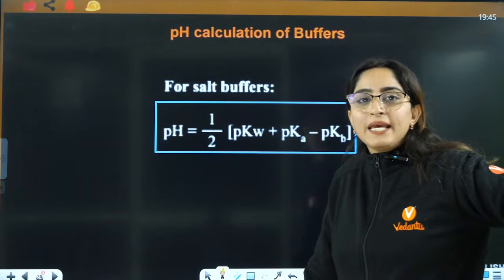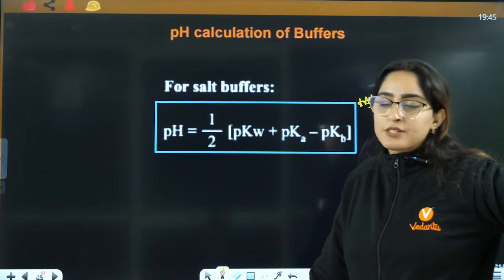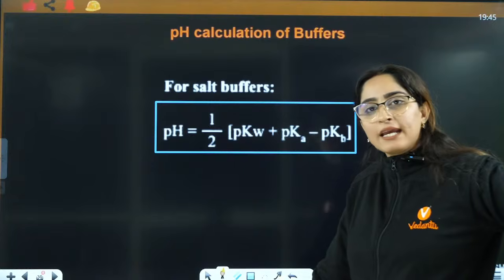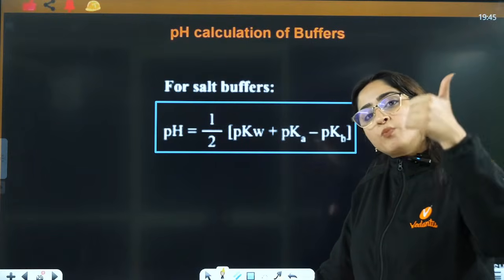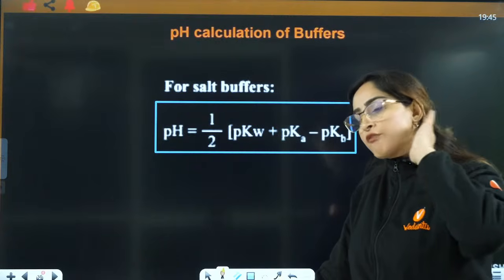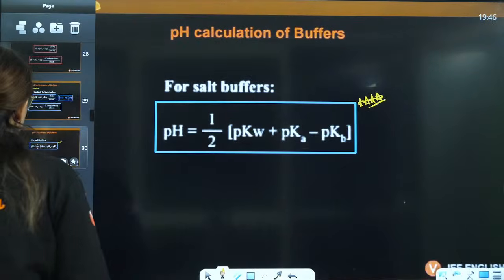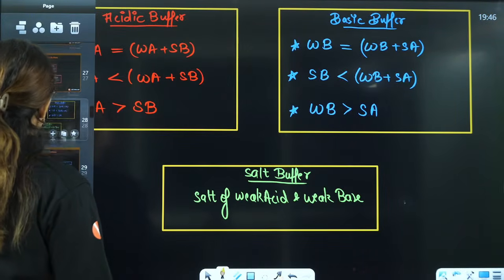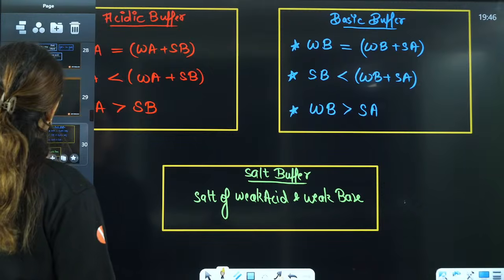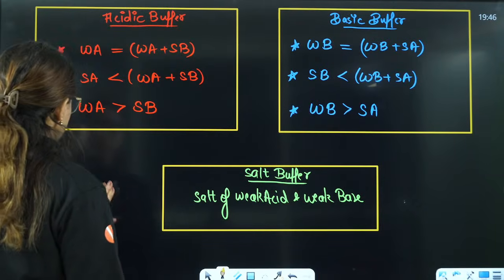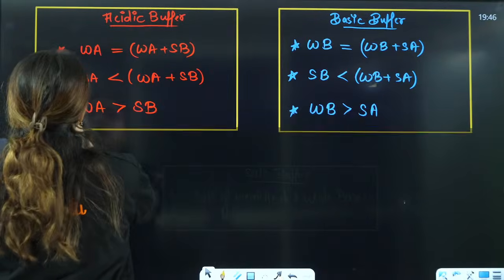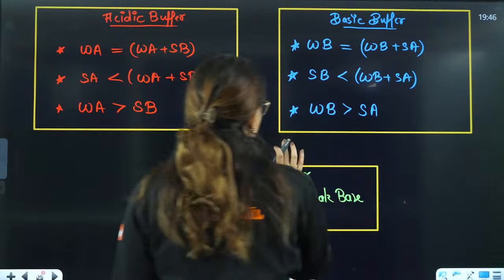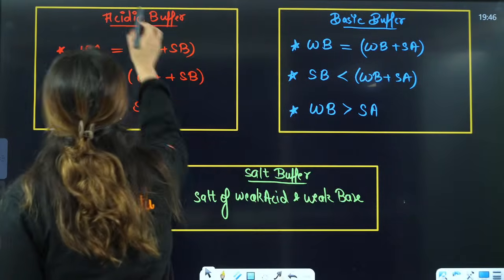pH equals pKa plus log of conjugate base by acid. pOH equals pKb plus log of conjugate acid by base. On your cheat sheet only, I'll just take this cheat sheet here and write the formulas here. I'll erase that.